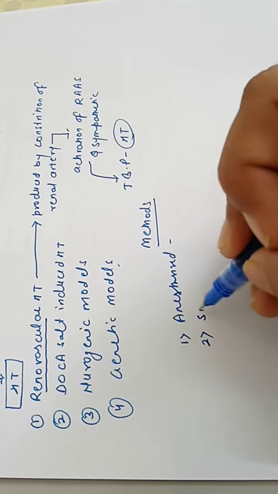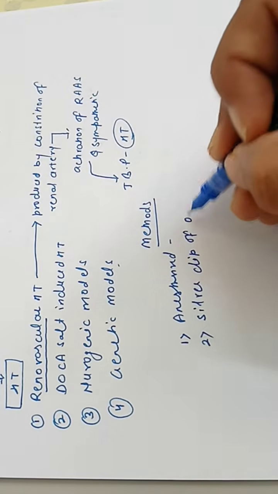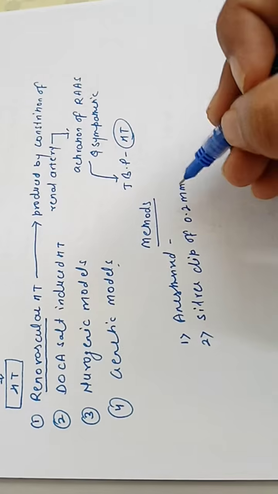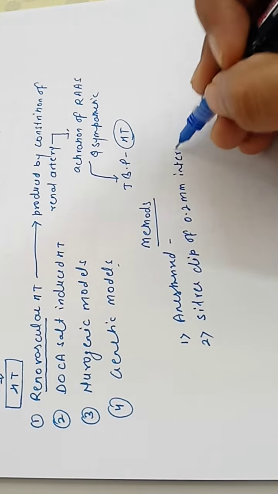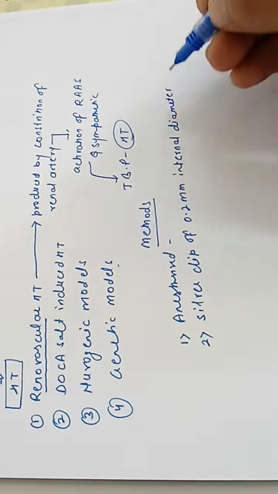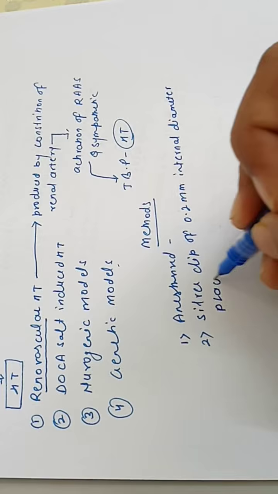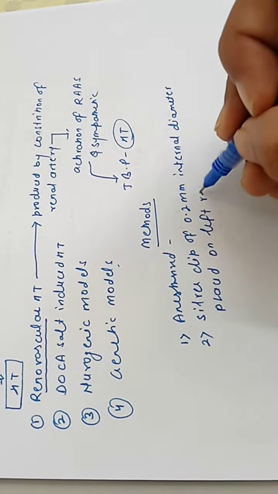Then you have to put a silver clip of 0.2 mm internal diameter on the left renal artery.